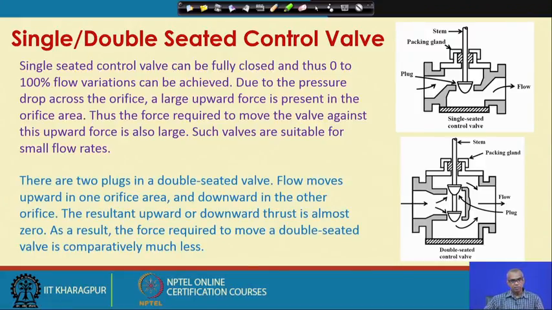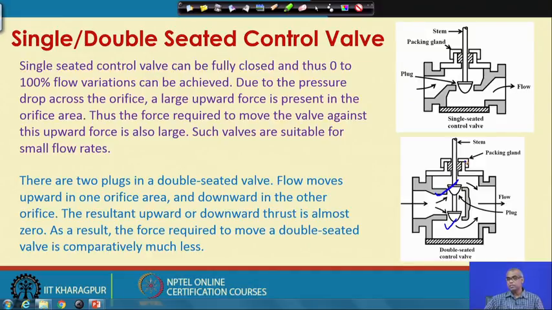On the other hand, there are two plugs in a double seated valve. Flow moves upward in one orifice area and downward in the other orifice. The resultant upward or downward thrust is almost 0. As a result, the force required to move a double seated valve is comparatively much less.